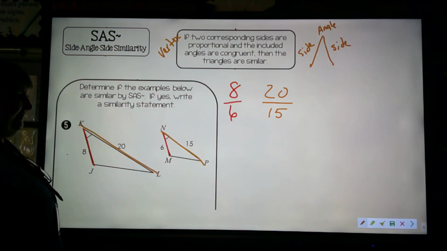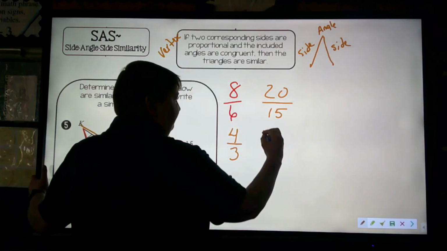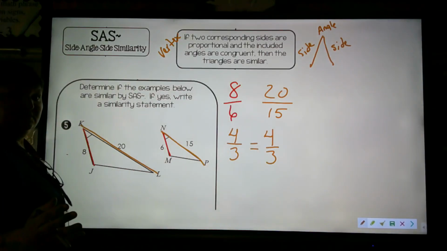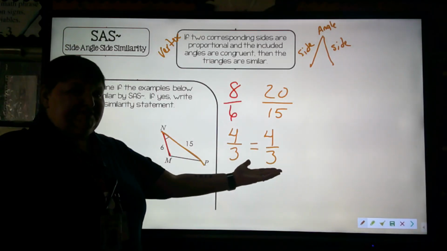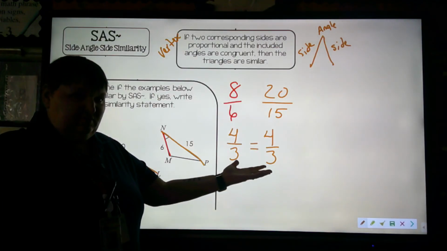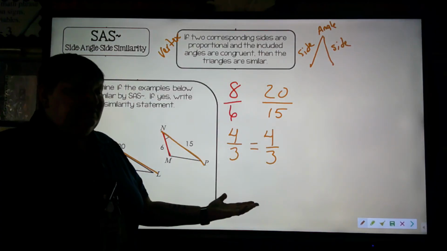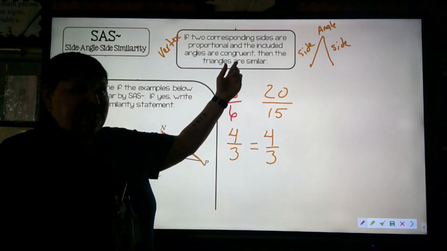We simplify, right? Divide both by 2. Divide both by 5. Okay. We can keep going because we have equal ratios. The corresponding sides are proportional. So now we need to see if the angles are congruent.